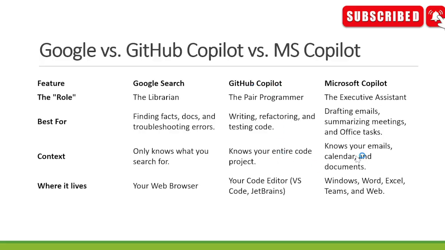Microsoft Copilot knows your email, calendars, documents and all. Where does it live? Google lives in your browser. Anytime we open the browser and type google.com, it comes up. Copilot lives in your code editor, VS Code, JetBrains and all. And Microsoft Copilot lives in Windows, Word, Excel, Teams and the web. So this is the difference we have just seen, Google versus GitHub Copilot versus MS Copilot.